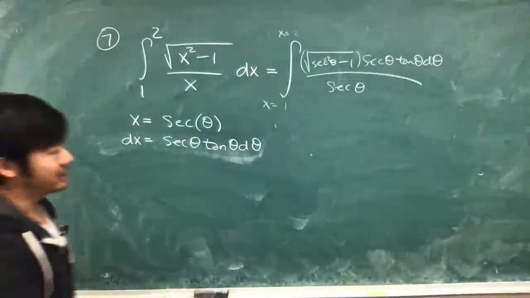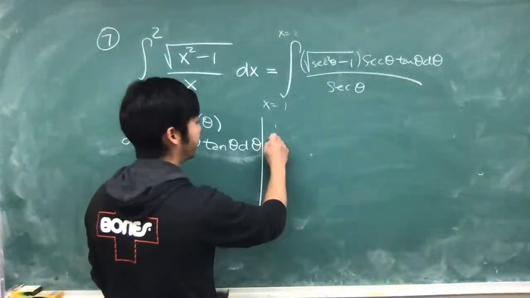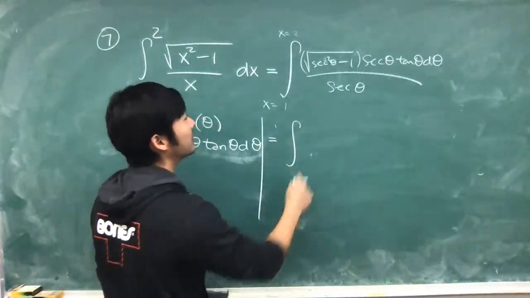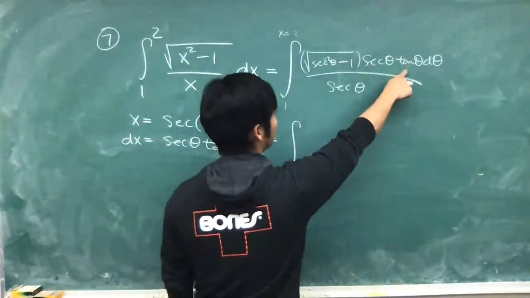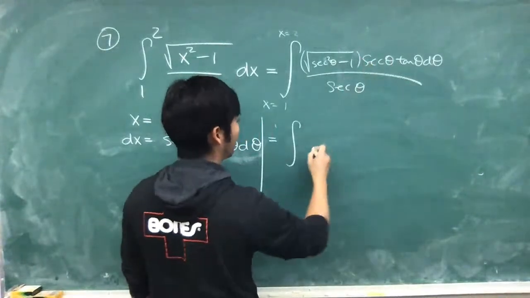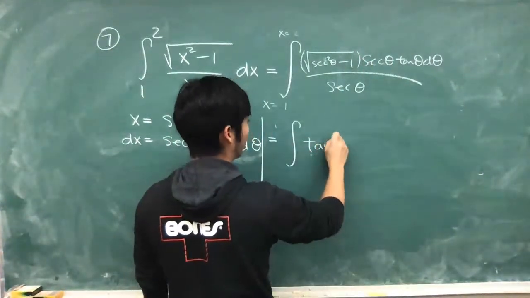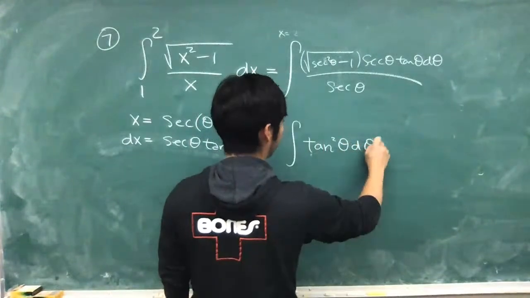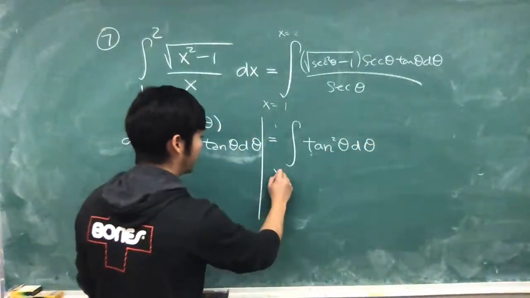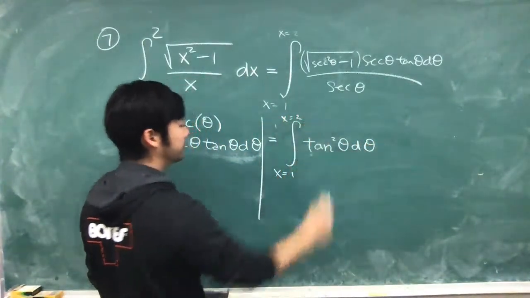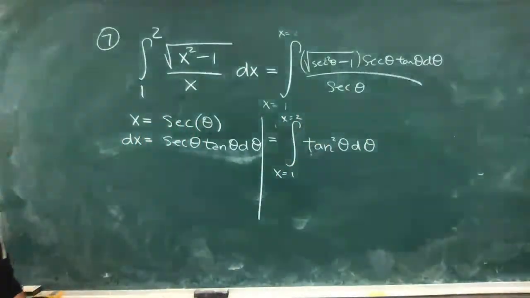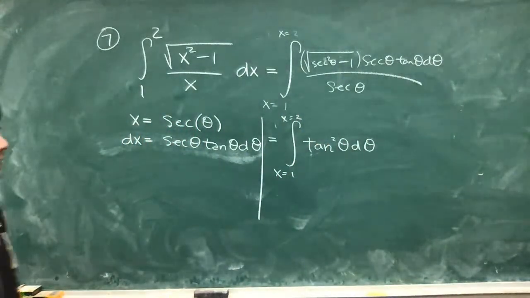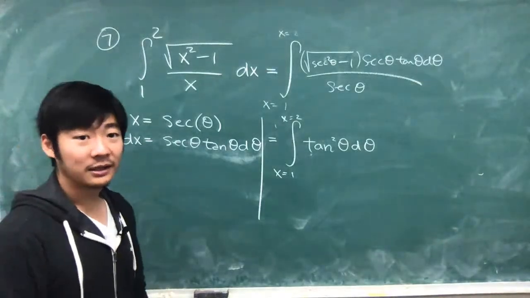So let's simplify this. So this is going to be tangent squared, and then this is going to cancel out. You get just tangent squared d theta, x from 1 to 2. So how to integrate tangent squared?